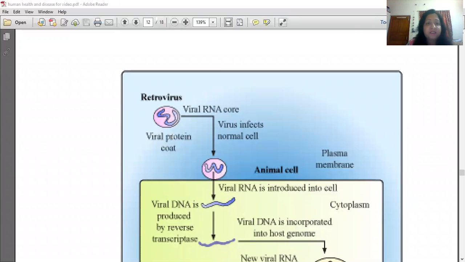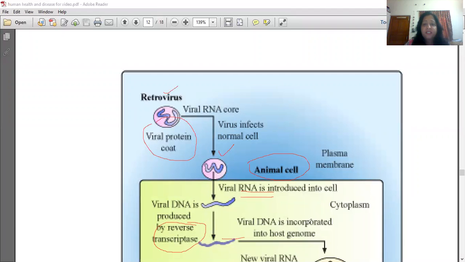In this we can see that this is the retrovirus, which is made up of viral protein coat, and this retrovirus infects the normal body cell. It infects the macrophages, that is an animal cell. Further, this viral RNA is introduced into the host cell, and it is converted to viral DNA through the enzyme reverse transcriptase.